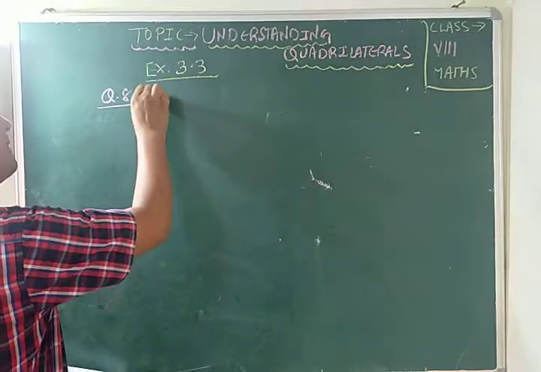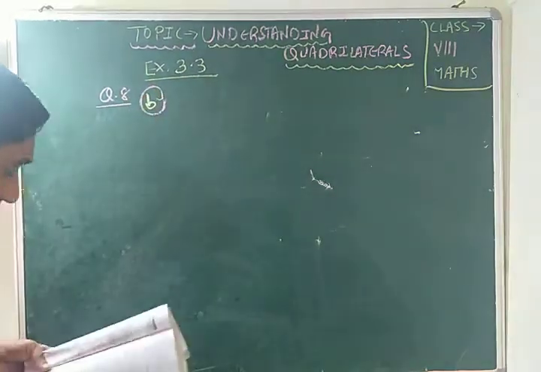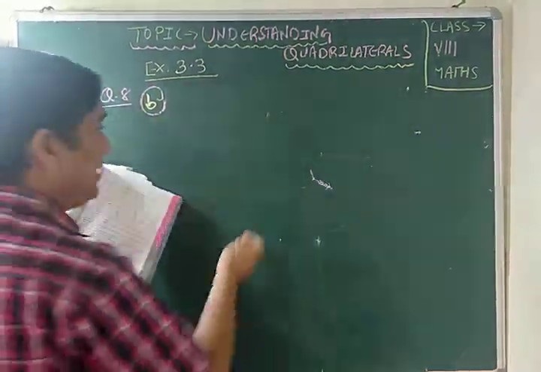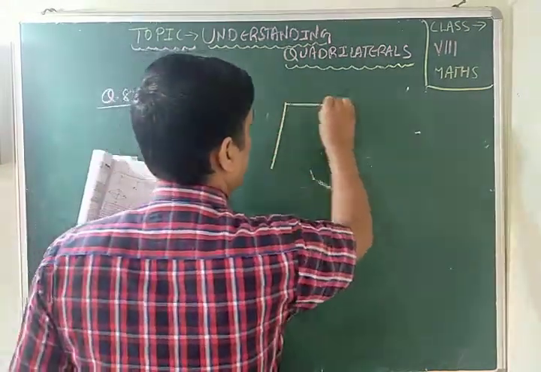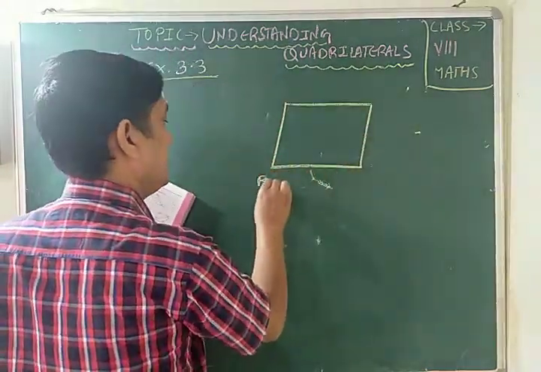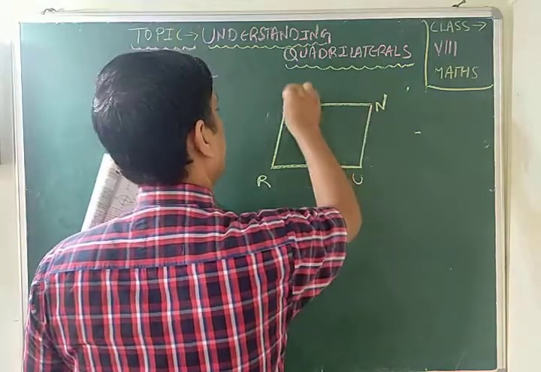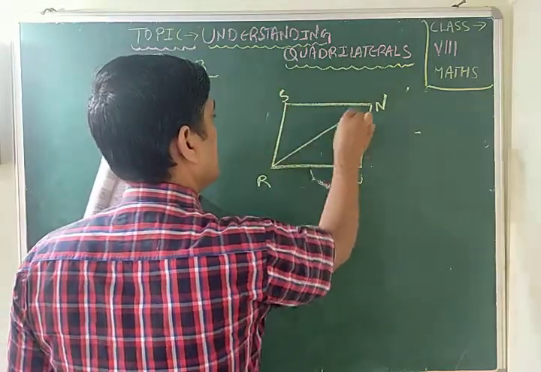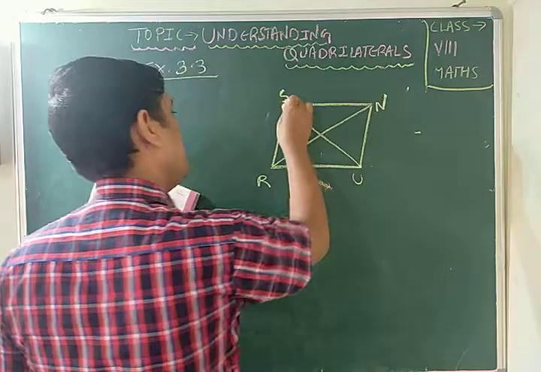B part is, we have a parallelogram and the name of the parallelogram is RUNS, R U N S, and we have diagonals also, RN and US.